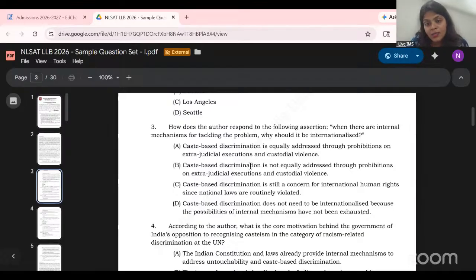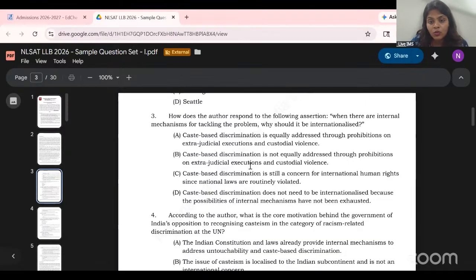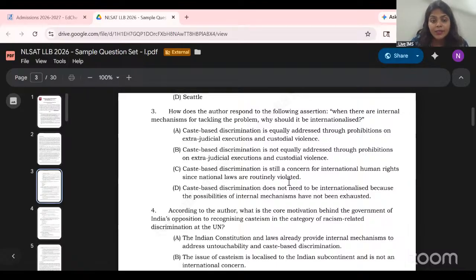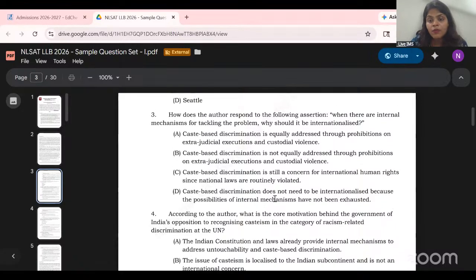The next says it is not equally addressed, and is still a concern for international human rights since national laws are routinely violated. Another says it does not need to be internationalized because the possibility of internal mechanisms has not been exhausted. When you look at these options, you try to eliminate them by looking at the author's argument.